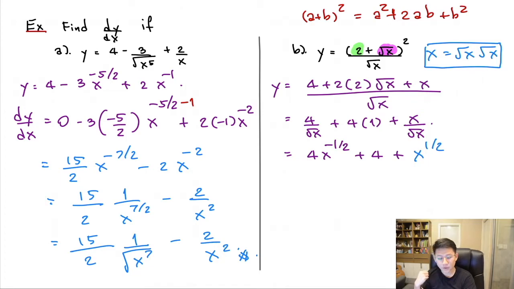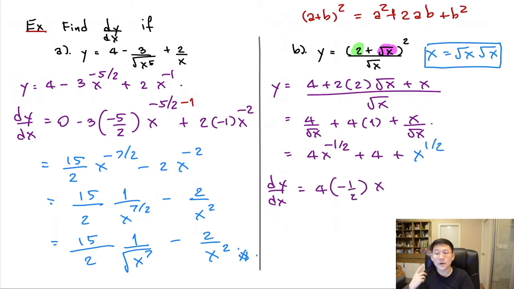Okay, so after that, I differentiate y with respect to x. So what I have is 4 x to the power of minus half, and then x to the power of 1 half. Derivative of 4 is 0 because 4 is a constant, right? And derivative of x to the power of 1 half is 1 half x to the power of 1 half minus 1.